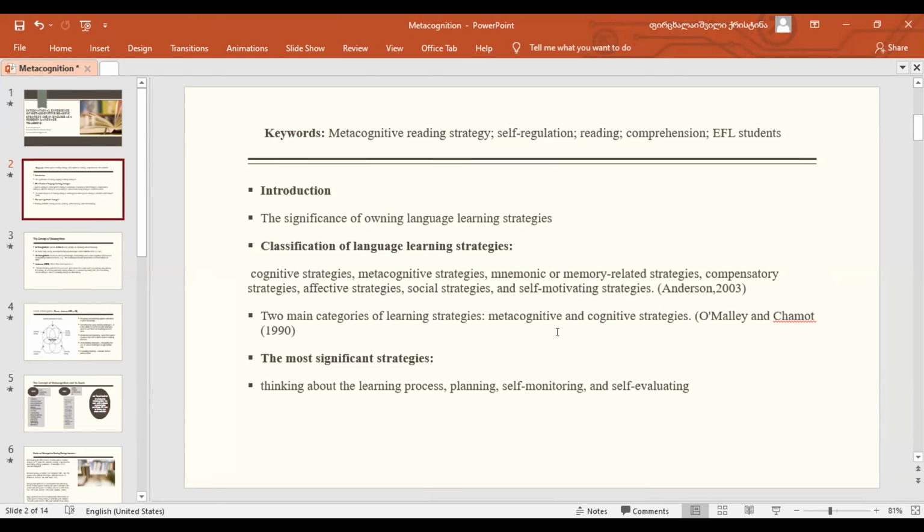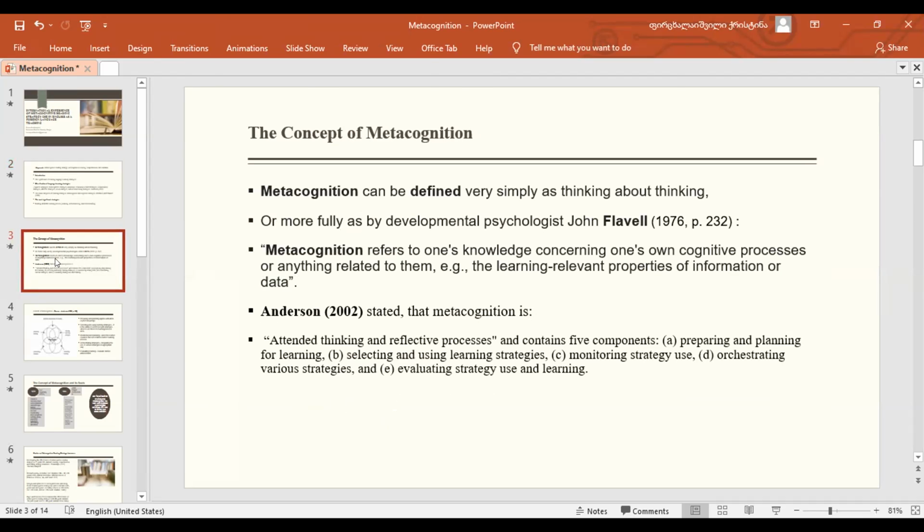For example, O'Malley and Chamot offered two main categories: metacognitive and cognitive strategies. In both, the most significant strategies are thinking about the learning process, planning, self-monitoring, and self-evaluation. This is the field of metacognition.